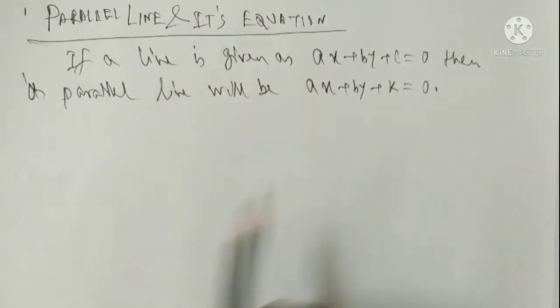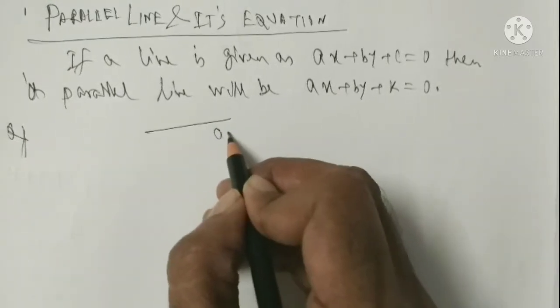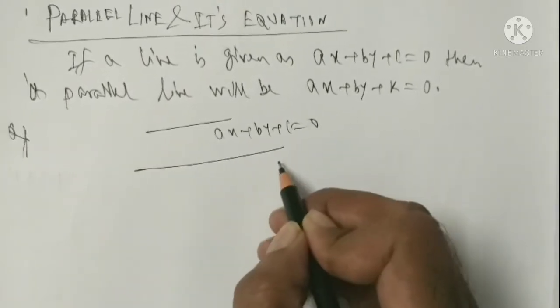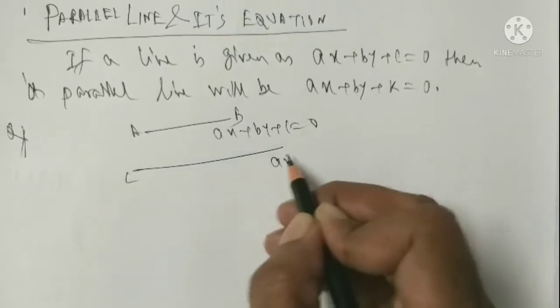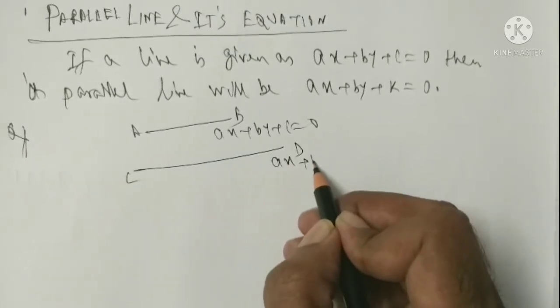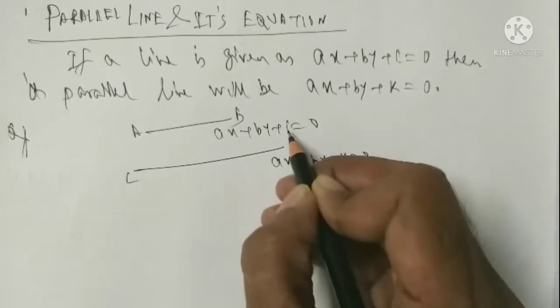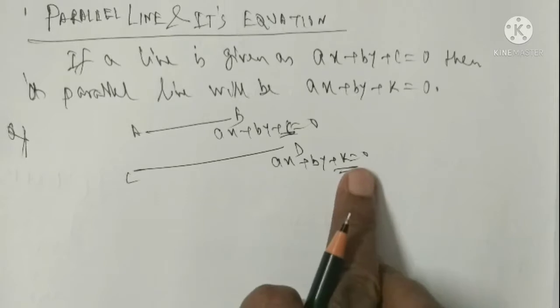Suppose this is ax plus by plus c equals 0, and this is its parallel line, this is AB and this is CD: ax plus by plus k equals 0. Only this k will be changed, that is, the constant term will be changed.